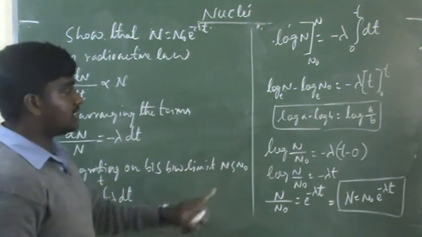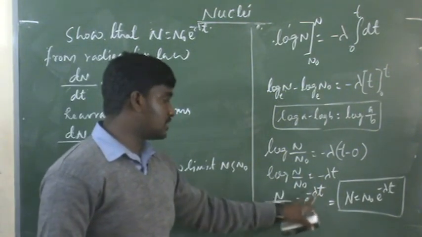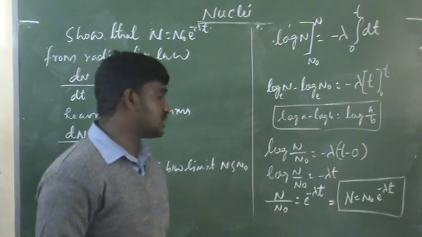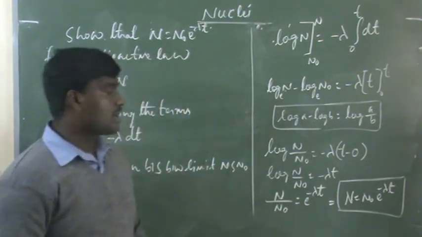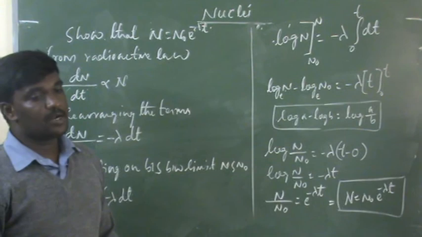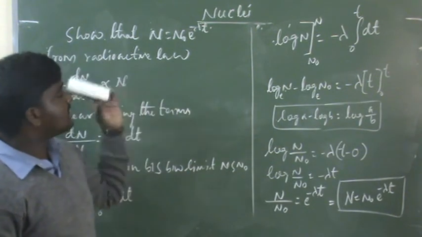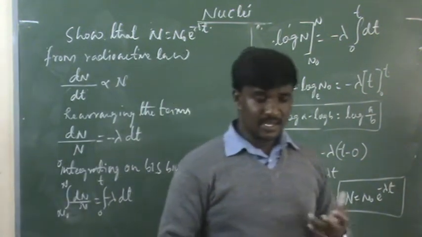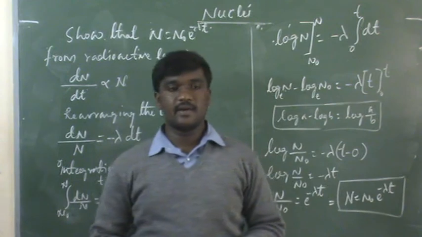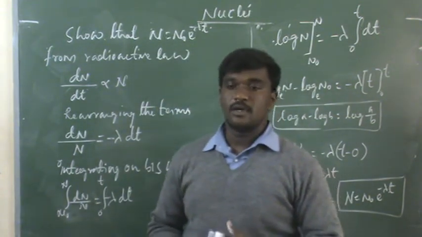Clear? The log becomes exponential, and exponential means e to the power of minus lambda t. The remaining is N equals N naught e to the power of minus lambda t. Clear? So what is radioactivity? Radiations are emitted from the radioactive substance without any external force.